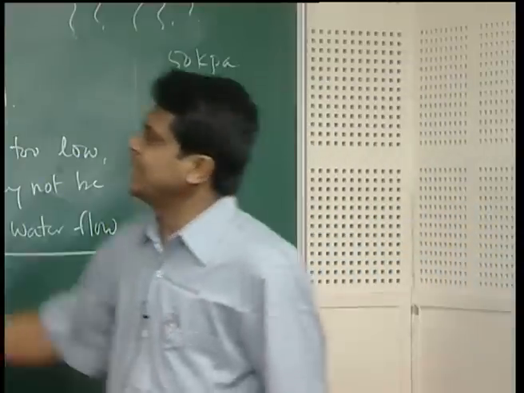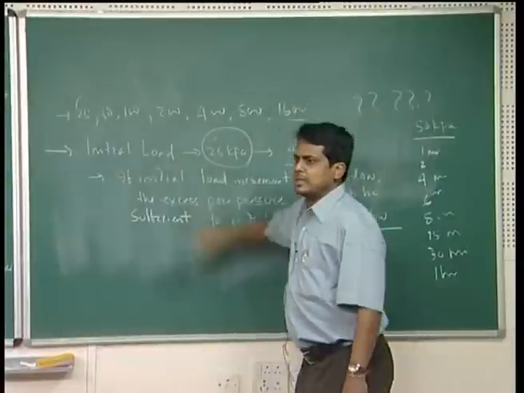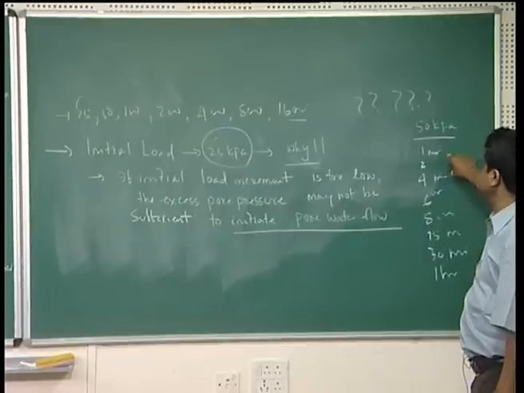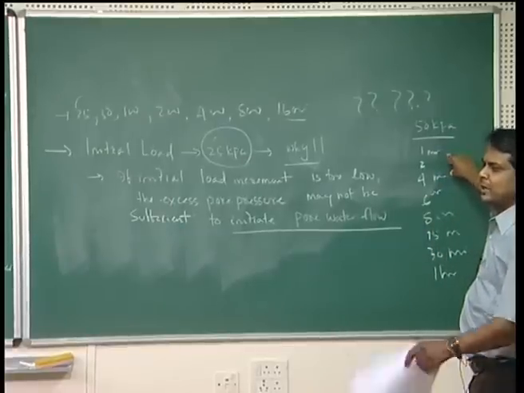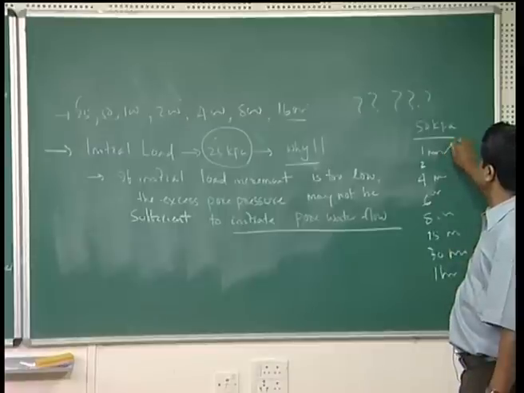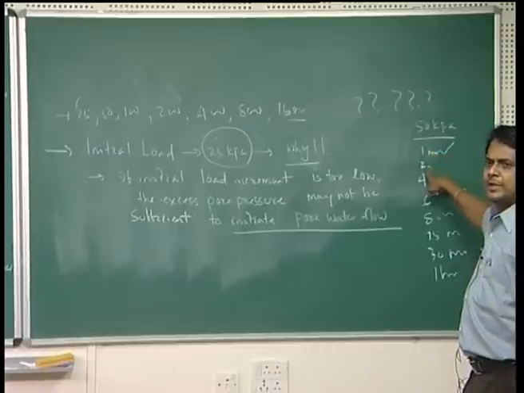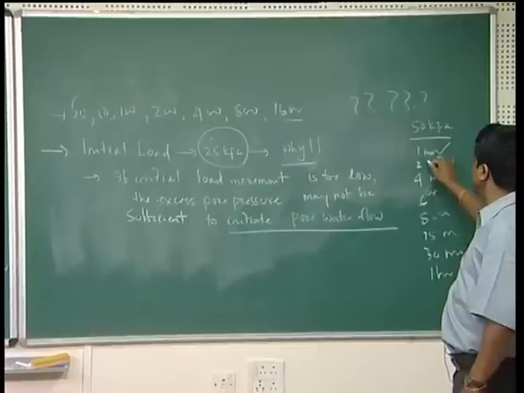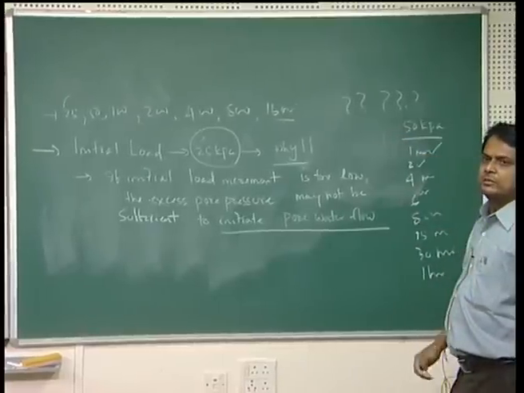The way you apply the load is double, and similarly the readings you take for consolidation follow doubled intervals. After 1 minute the next interval is 2 minute, and you record the reading at that time.